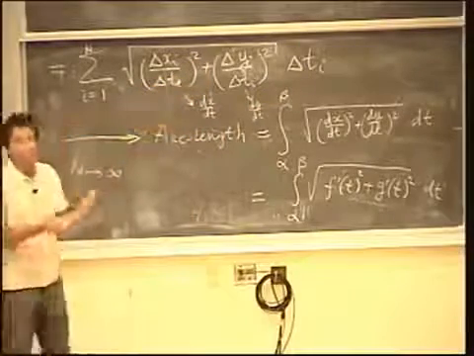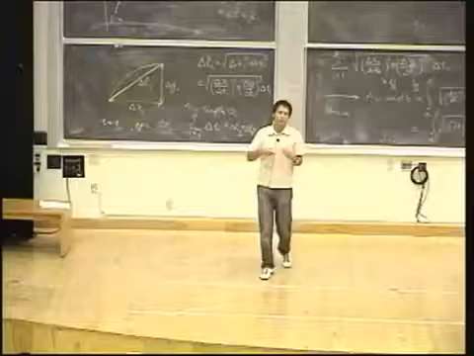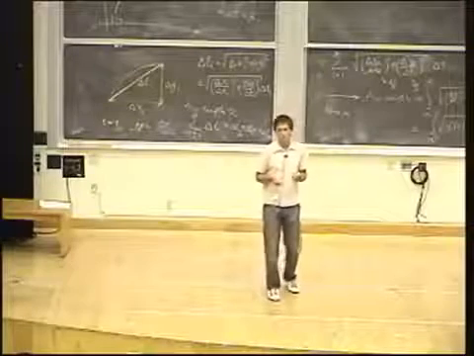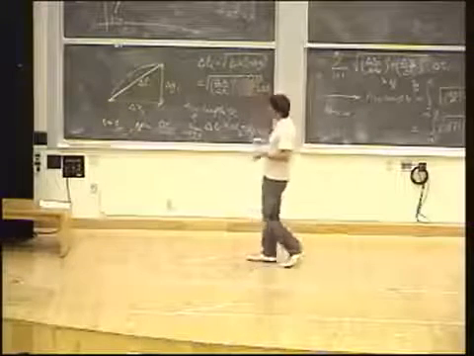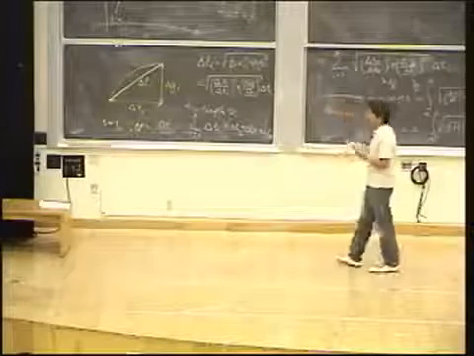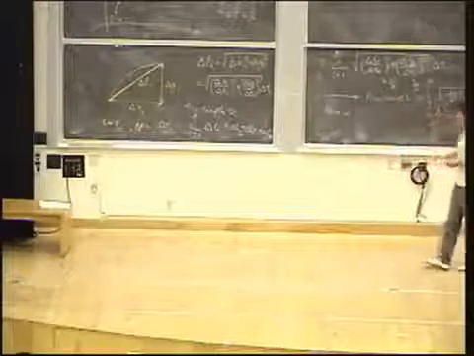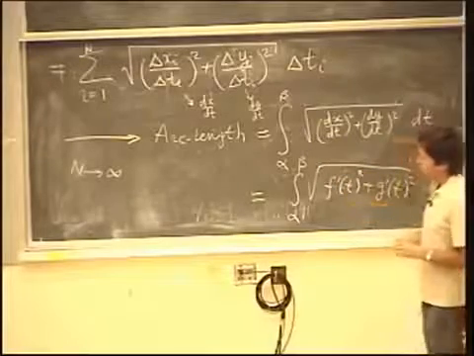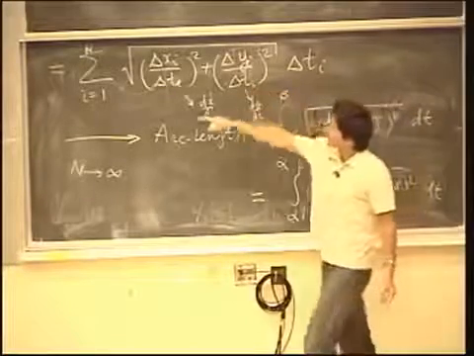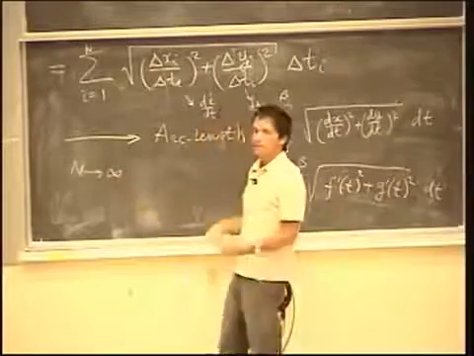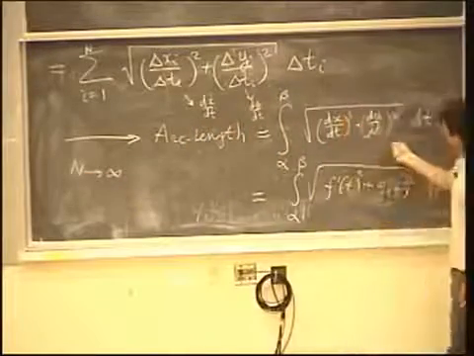And under good circumstances, and in this course we don't really discuss the subtle points here about what are the conditions on the functions f and g, but let's just say good circumstances which are known and well understood. All the functions which we will study in this course will satisfy those conditions. Under those conditions, this sum in the limit when n goes to infinity, when the partition becomes more and more fine, becomes an integral like this.